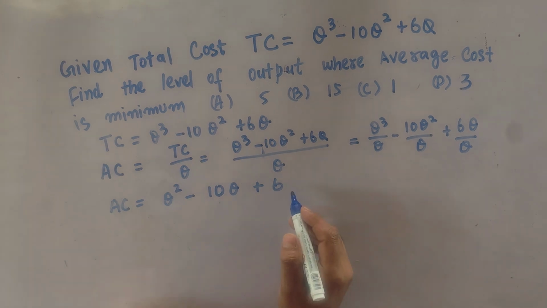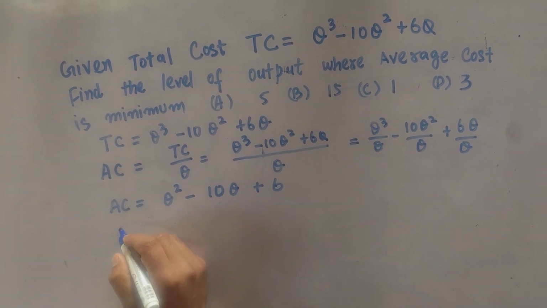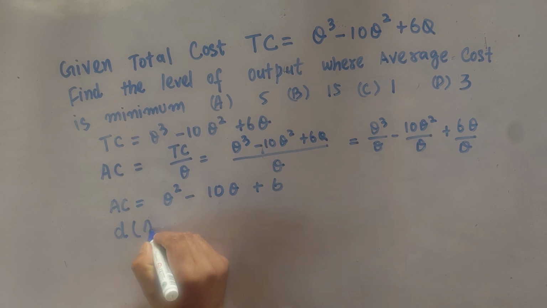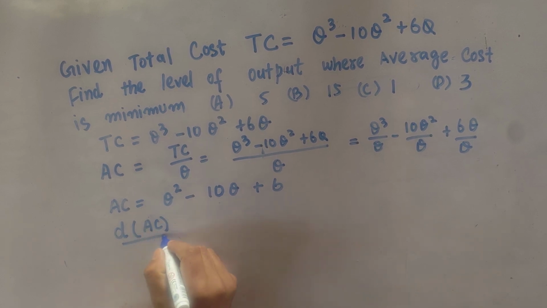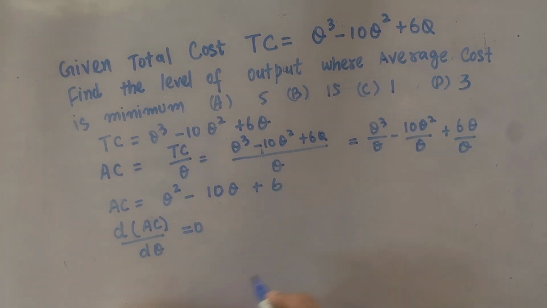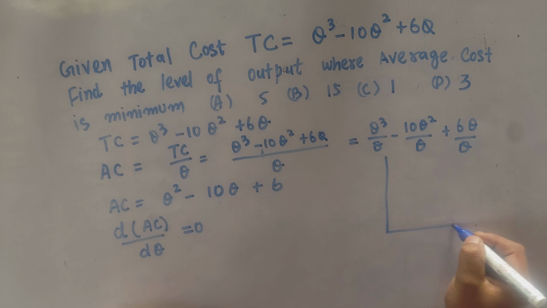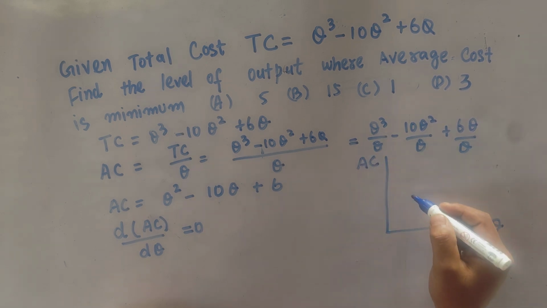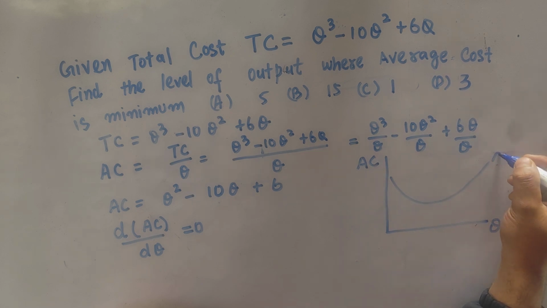Now for this average cost to be minimum, the derivative of average cost with respect to output should be equal to 0. That will give us the minimum average cost. That is to say, if we have the output on the horizontal axis and average cost on the vertical axis, let us say this is our average cost function.